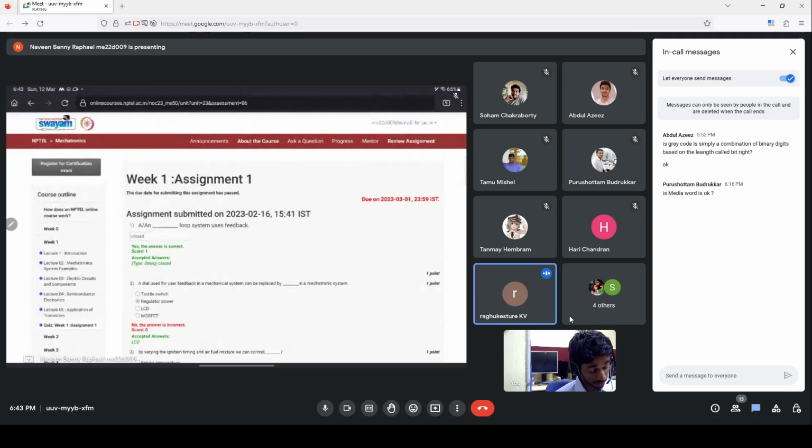It's showing zero for me. The options were there with a dash. Yeah, closed loop, but I have mentioned closed loop and the answer is showing zero for me.